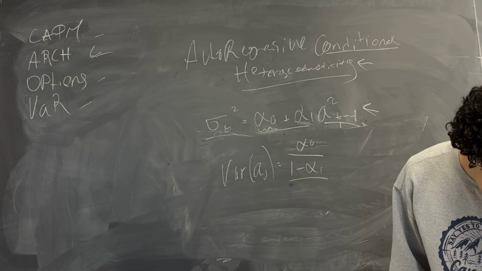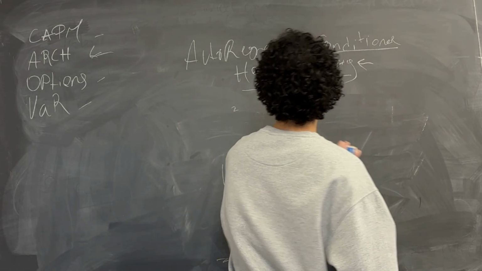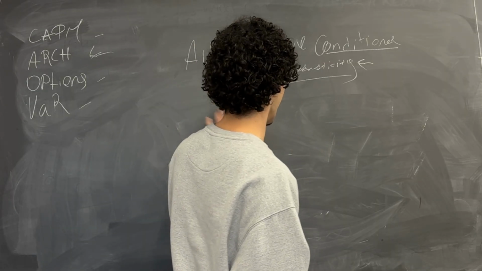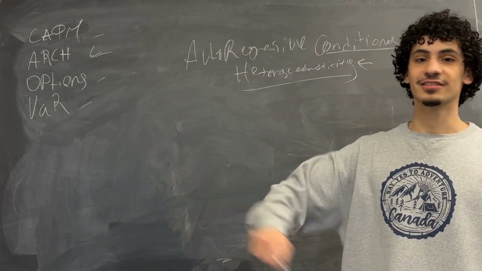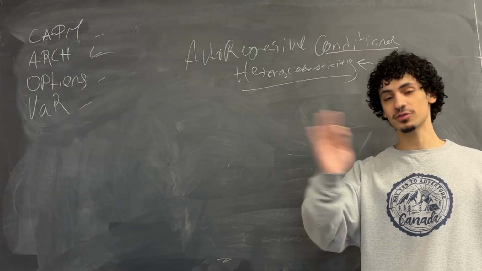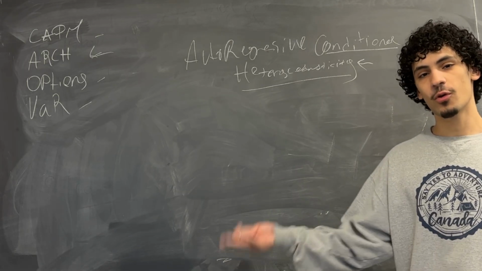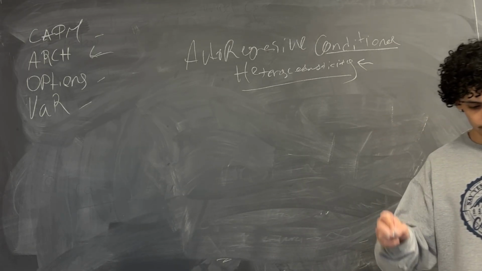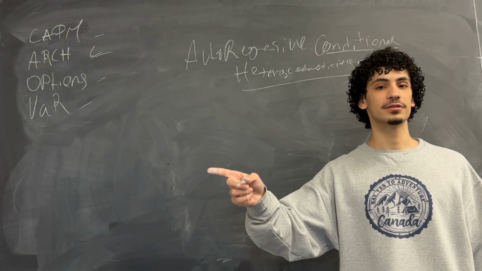Okay, so what we can say about the autoregressive conditional heteroskedasticity, where homoskedasticity is constant variance, which is what we assumed before, is that it's uncorrelated but not independent.